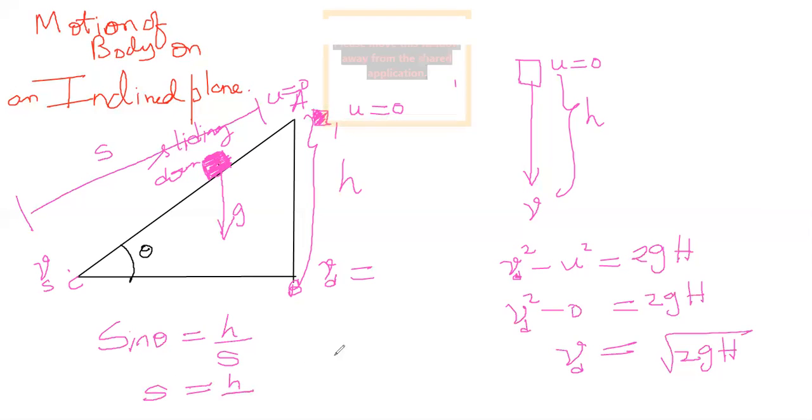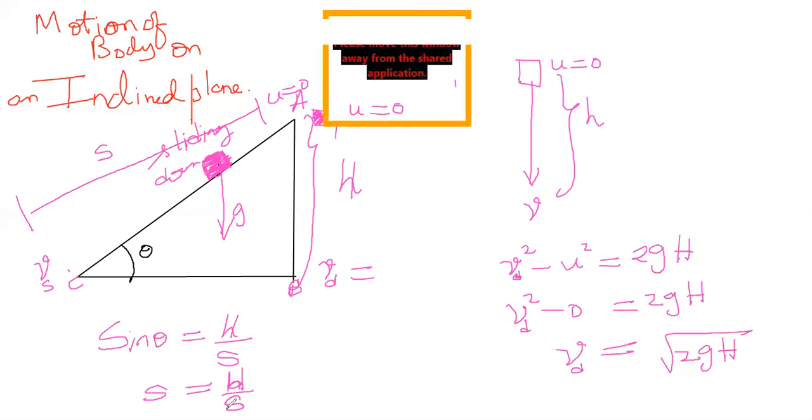Capital H by sine theta. So 1 by sine theta, we have an idea, is cosecant theta. So you can write that as H cosecant theta. Is it understood?